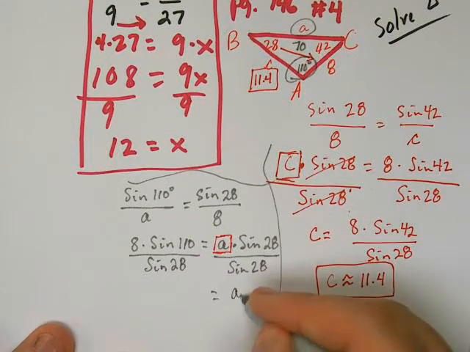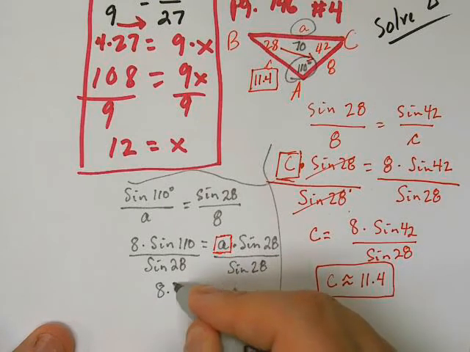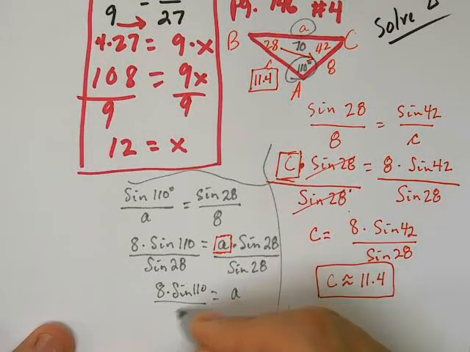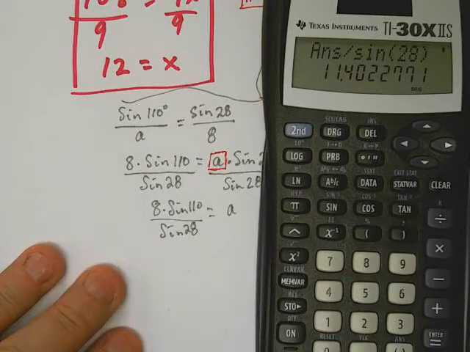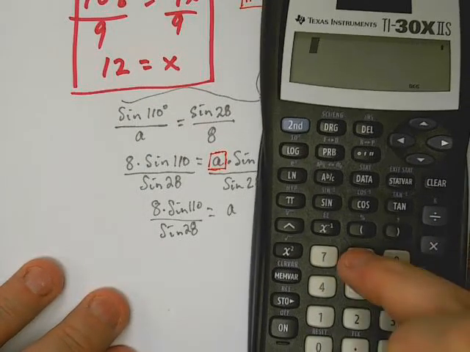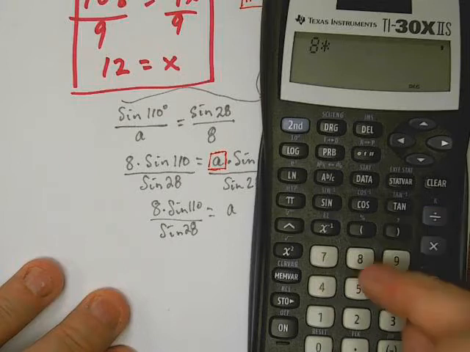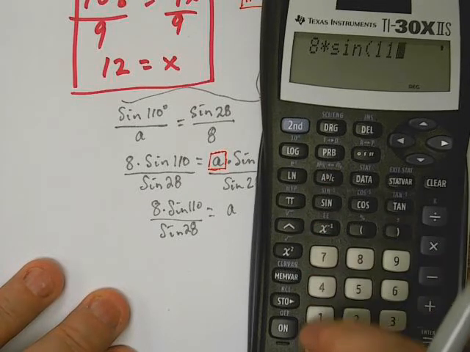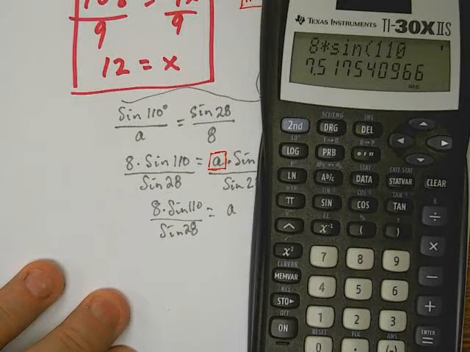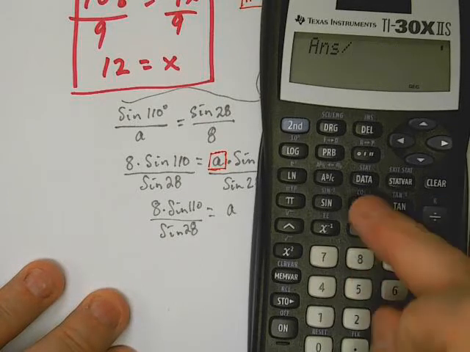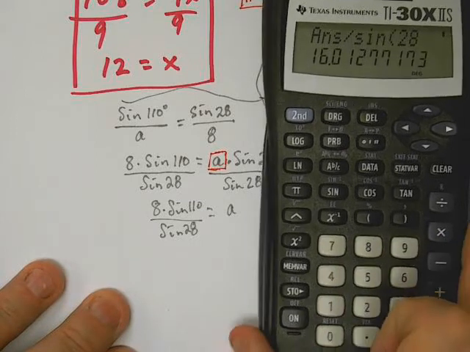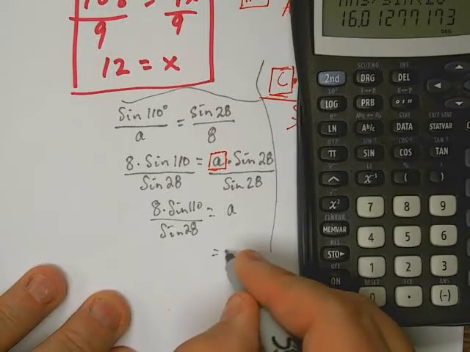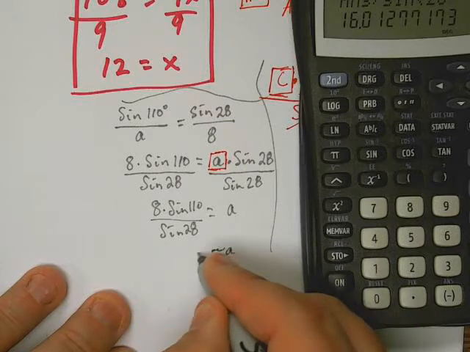So now I have A is equal to 8 times the sine of 110 over the sine of 28. Let's get the calculator humming. 8 times the sine of 110, divided by the sine of 28. 16.0, and that's approximately equal to A.